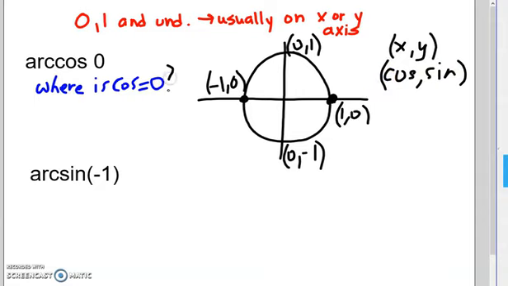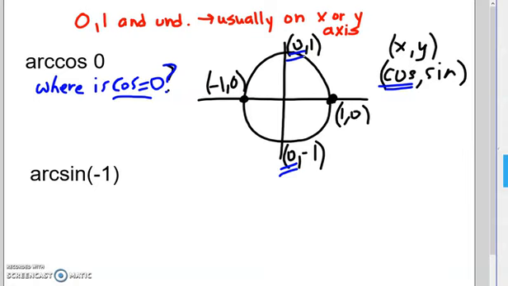So looking at this, where is cosine equal to 0? We're focusing on the x value. It could be 0 over here, and it could be 0 over there. And those are the only possibilities from 0 to 360.